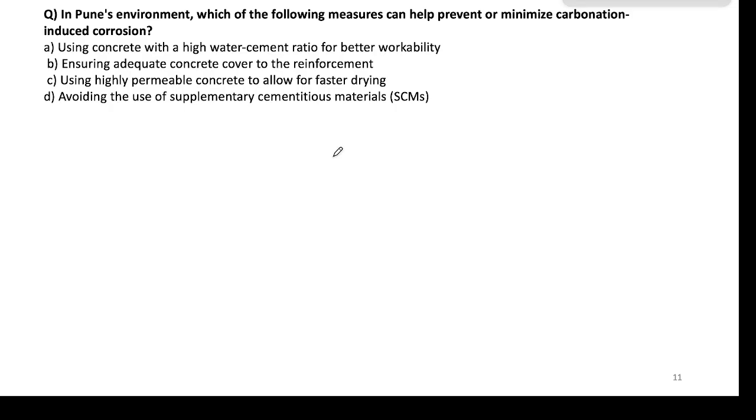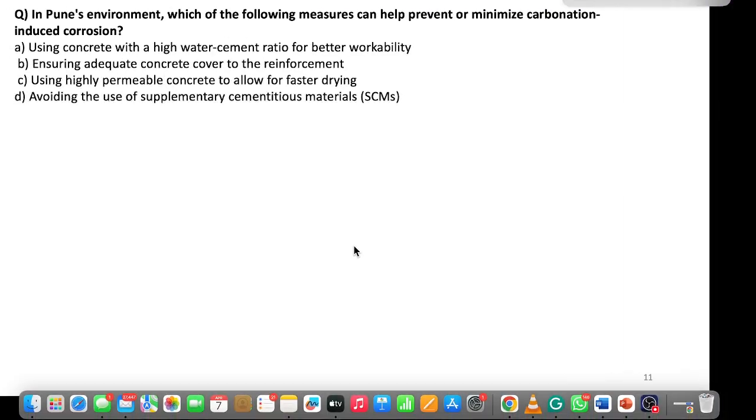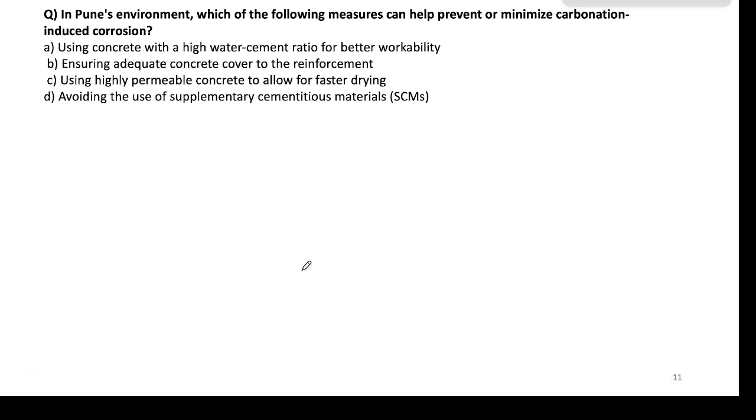How can we reduce the risk of carbonation-induced corrosion to our structures and also promote sustainability in selecting a material for a particular use? Okay, we'll wait for 1 minute because this is very important.